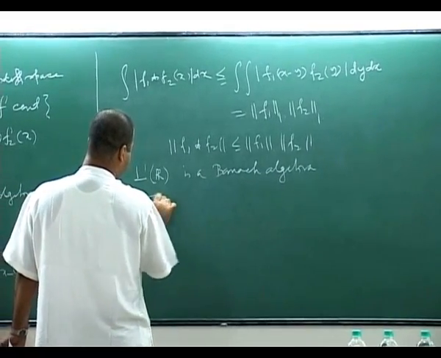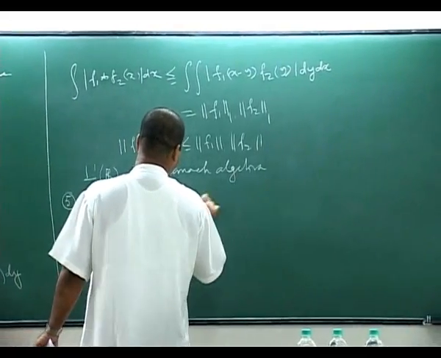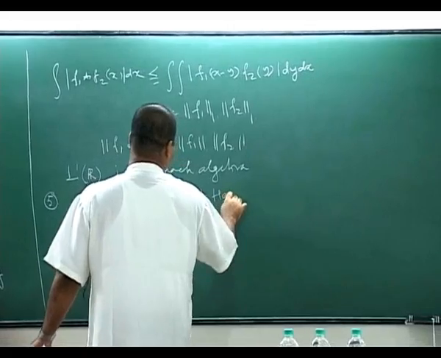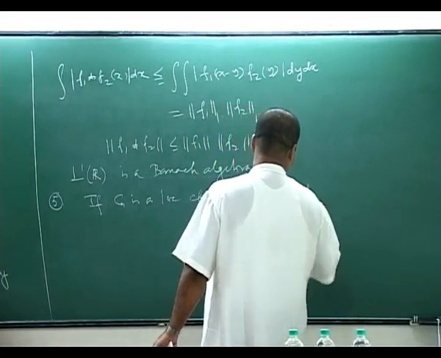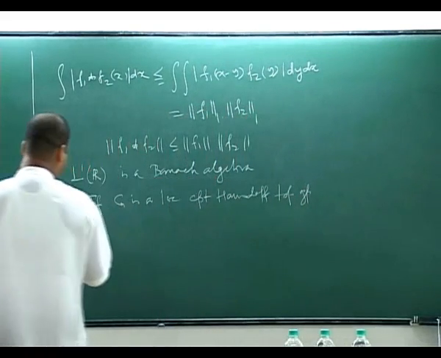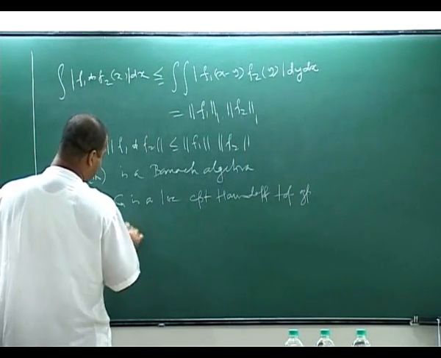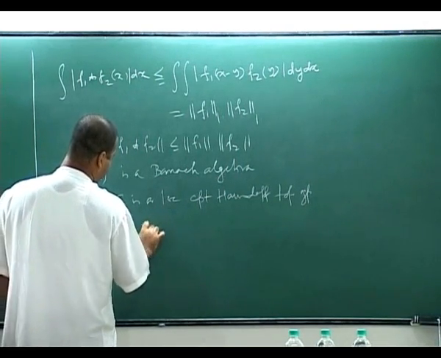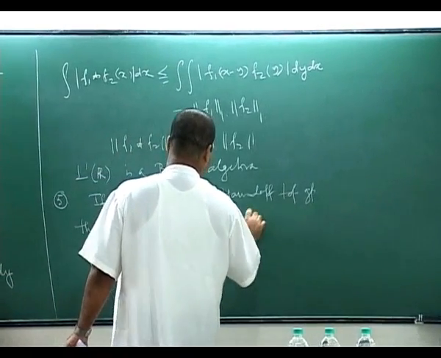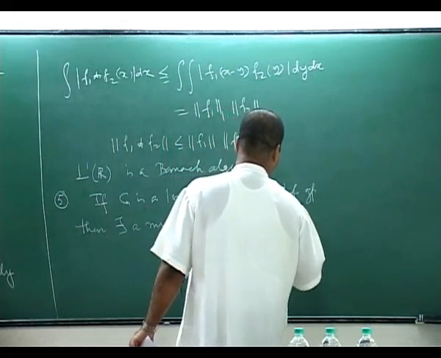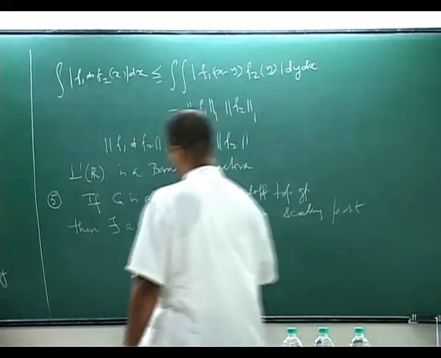So, if G is a locally compact Hausdorff topological group, then there exists a measure mu, unique up to scaling, such that it is invariant.